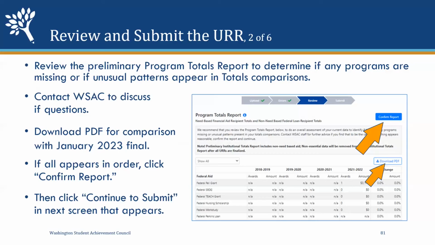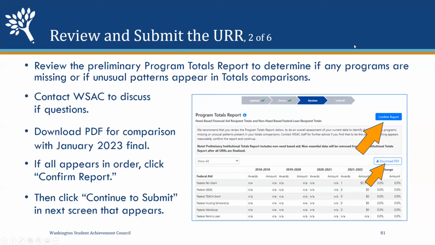And at that time, we remove all extraneous information that we identify as fully non-need-based students that have not $1 of need-based aid or have no federal loans. So it will change some of the number of recipients and the awards paid at that point. So it's also a good comparison for that final that comes out in January.